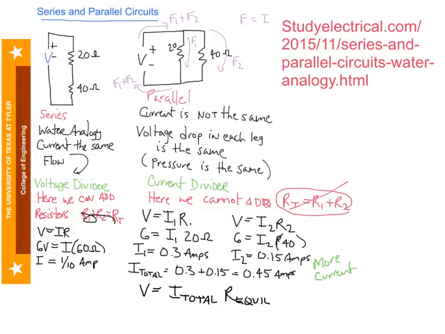So 6 is equal to 0.45, my total current, times R equivalent. So I wind up with R equals 13.33 ohms.